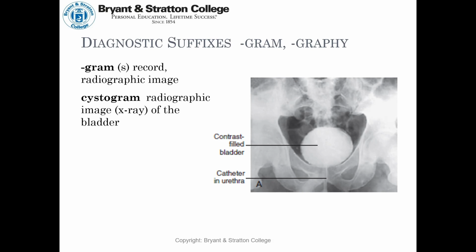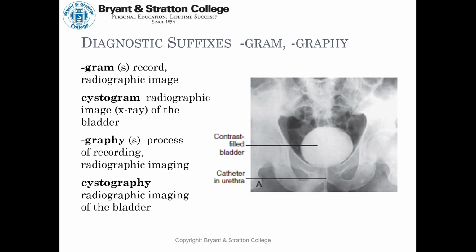So a cystogram is the image of the bladder. Graphy is just the process. So cystography is the imaging process to create this image.